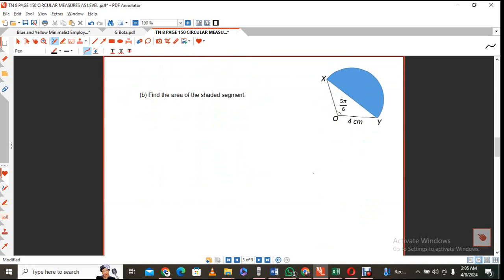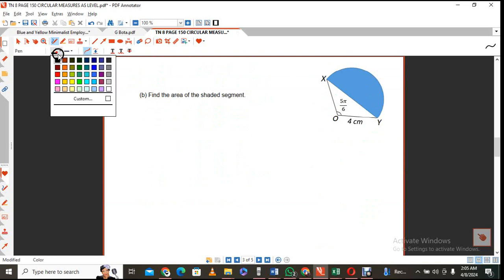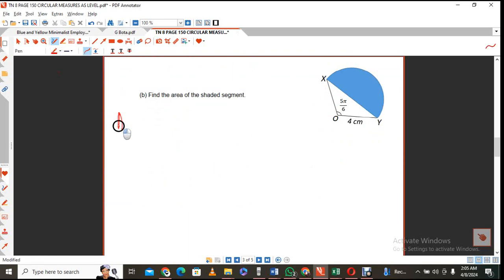Now they want you to find the area of the segment. So what do we have? What do we know? We have the area of sector XOB, which we calculated as 20 pi over 3. We should subtract that, the area of triangle XOB.